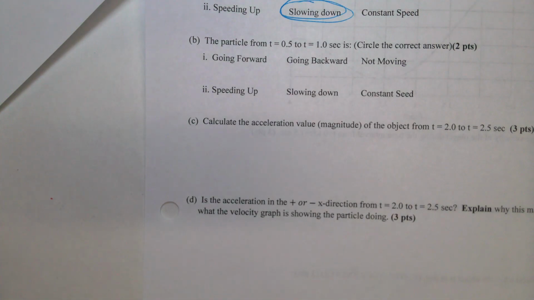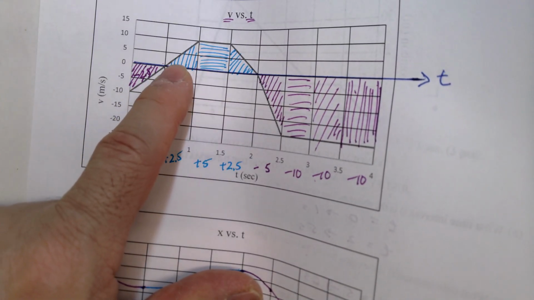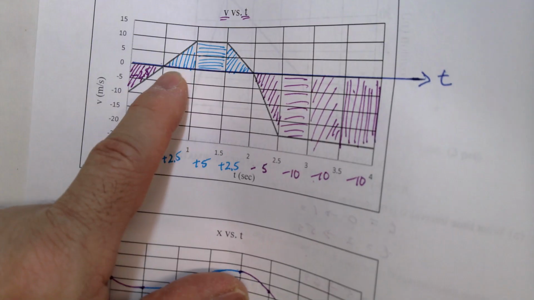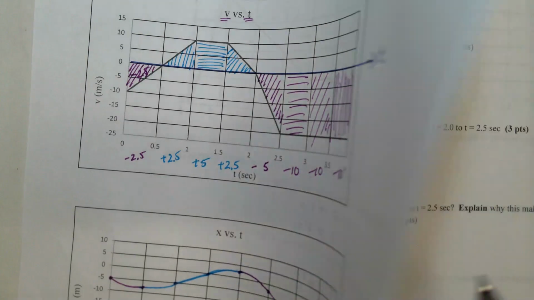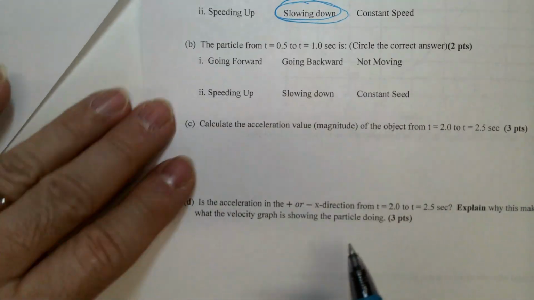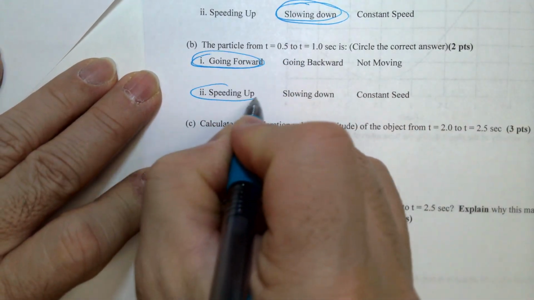Now from 0.5 to 1.0 seconds, we're moving forward in the positive direction because it is speeding up going in the positive direction, because my velocity values are all positive. So it's definitely going forward and it is definitely speeding up.